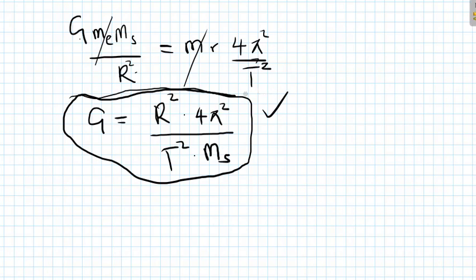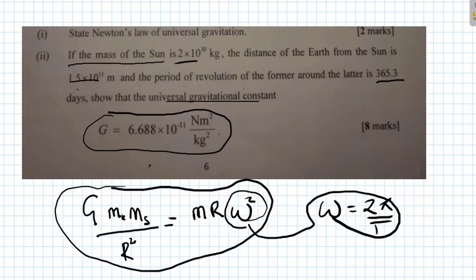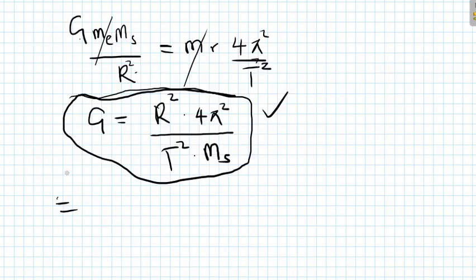Now, when we remain with this equation, we simply replace with the figures that have been given in the question, so that we show that this is equal to that.